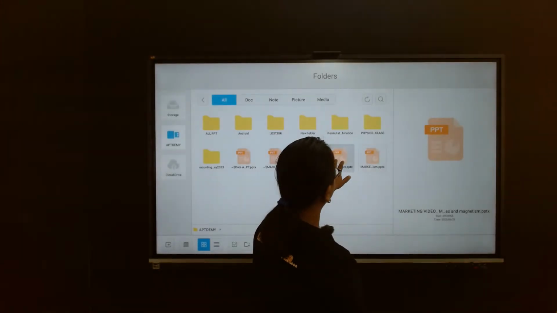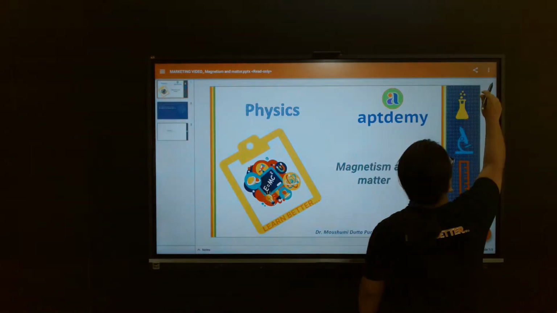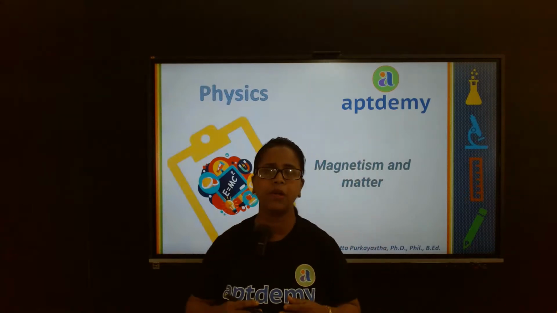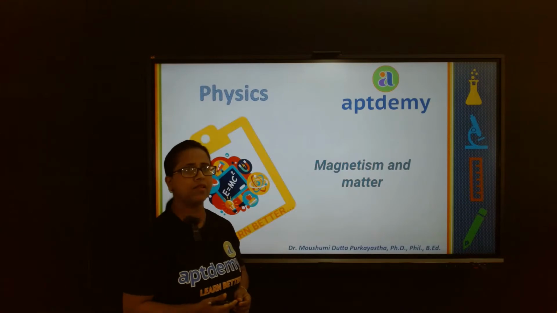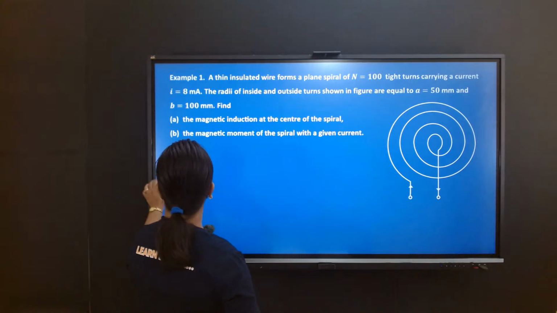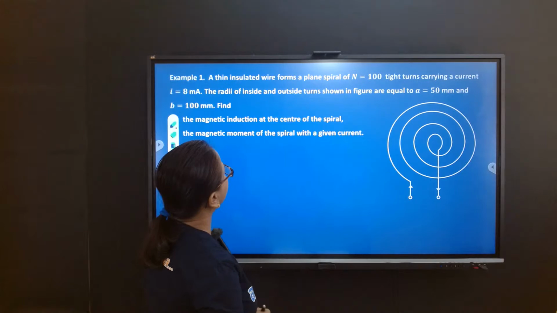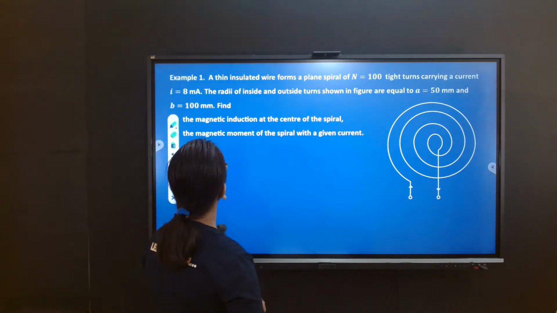Now, moving on to another similar doubt that you had put forward. We are here with magnetism and matter. Let's look at the doubt and try to solve it. A thin insulated wire forms a plane spiral of N equals 100 tight turns carrying a current I equals 8 milliampere.